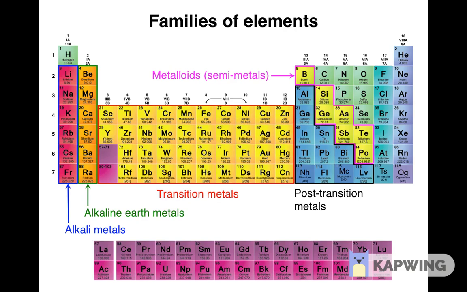Elements in a triangle at the top of groups 14 through 16, carbon, nitrogen, oxygen, phosphorus, sulfur, and selenium, as well as hydrogen, are nonmetals.